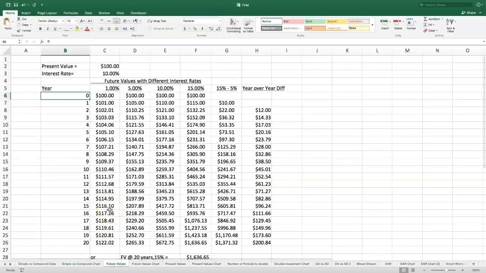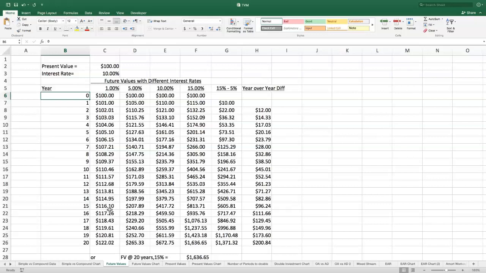So in compounding, because compound interest earns interest on interest over time, we have that exponential growth rate, that time matters, but also different interest rates matter as well.